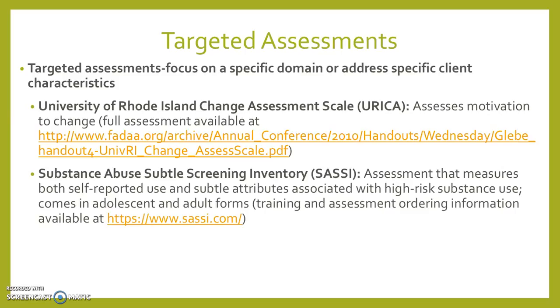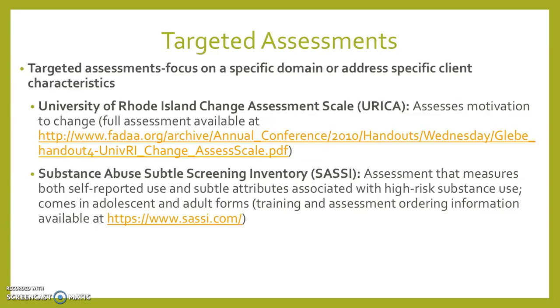The Substance Abuse Subtle Screening Inventory, or SASSI, is a thorough assessment that measures both self-reported use of alcohol and other drugs, and also subtle attributes associated with high-risk substance use. It comes in adolescent and adult forms. However, the downfall of this assessment is that it requires practitioners who use it to be trained in how to use the assessment and score it, and the SASSI itself is not freely available.